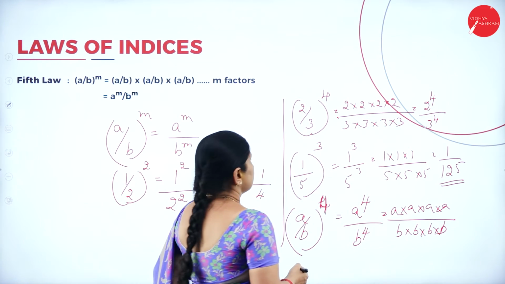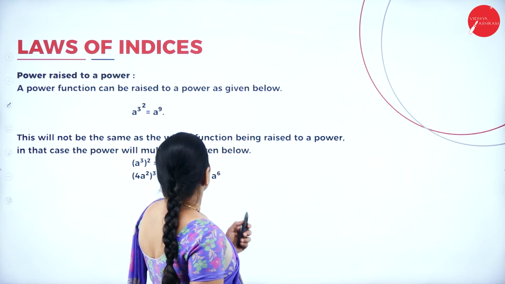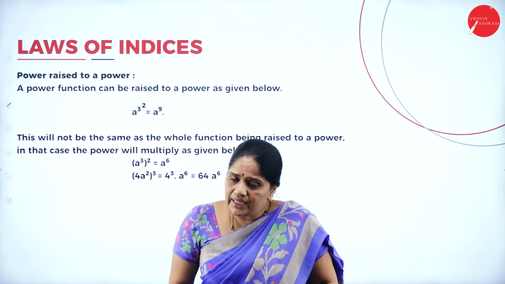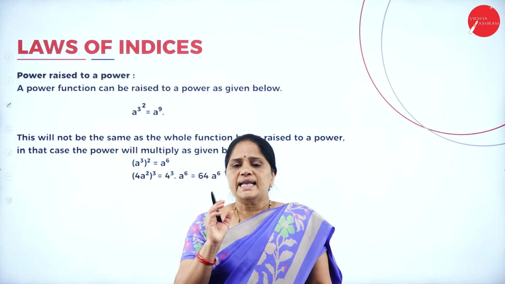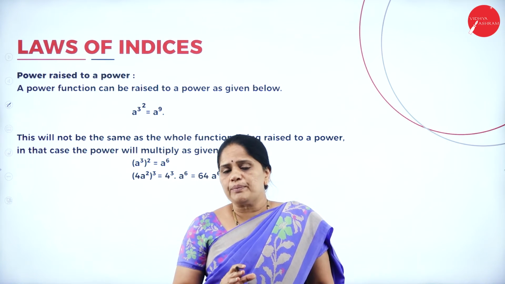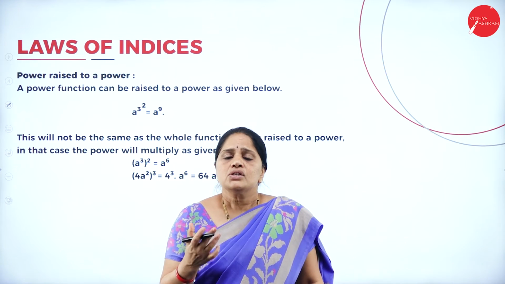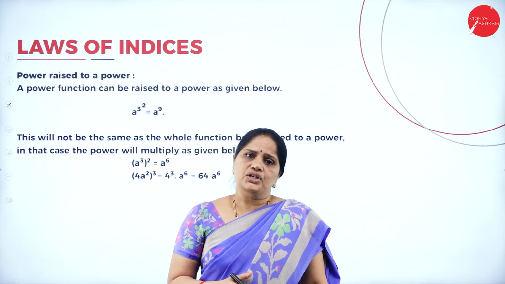In this way, this is the fifth law. These laws are very, very helpful in our calculations, whenever we have to simplify any number which has been raised to a power, or all these indices whenever they are given. So, we can apply these laws and make our simplifications.